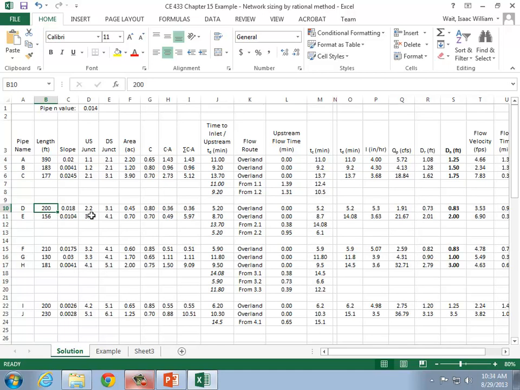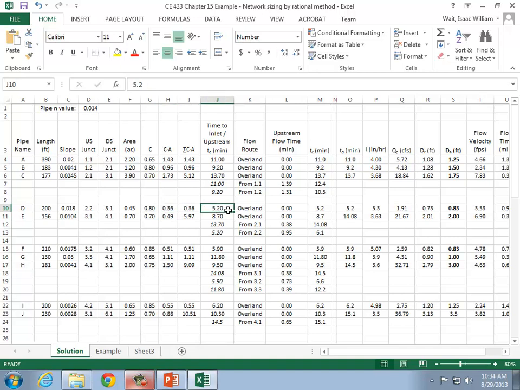you've got only water that's coming in through junction 2.2, and so it's sort of like nothing's upstream of that. The area is given. The C value is given. The CA is just going to be C times A, and the sum of the CA, since there's nothing additional upstream, is just going to be the CA.